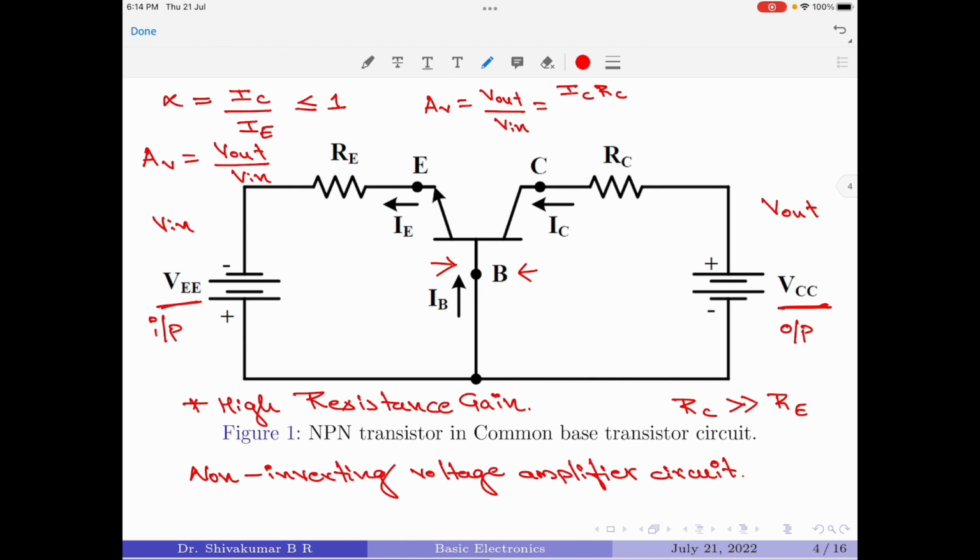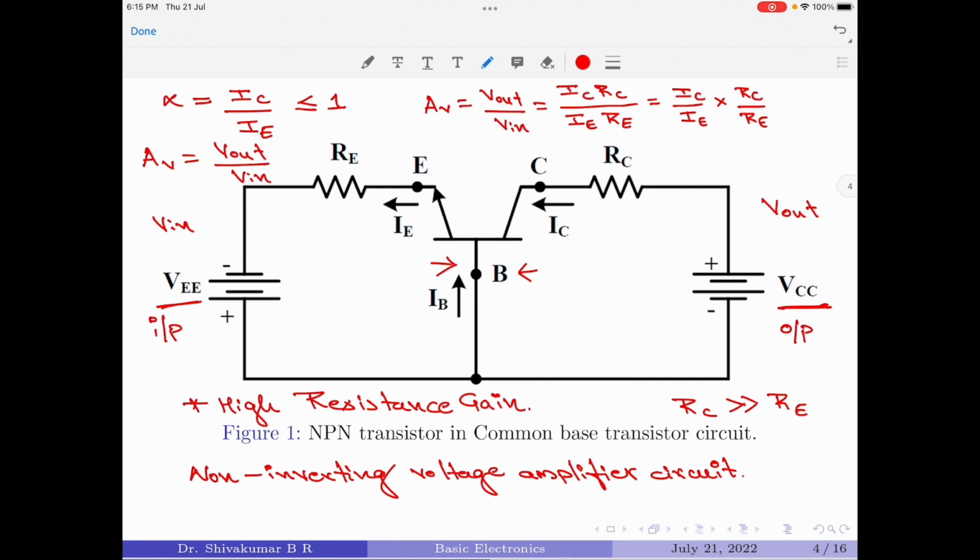Please note, RC is also considered as the load resistance. In a similar fashion, I can also write the equation for V in as the input current IE multiplied by the input resistance RE. Let me now split this as IC divided by IE multiplied by RC divided by RE.